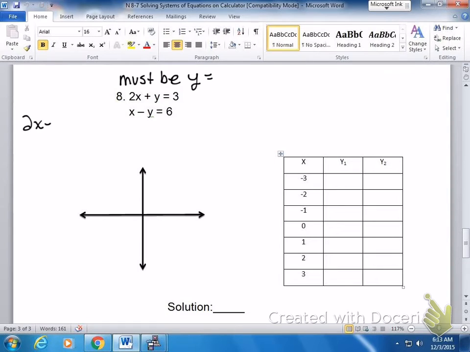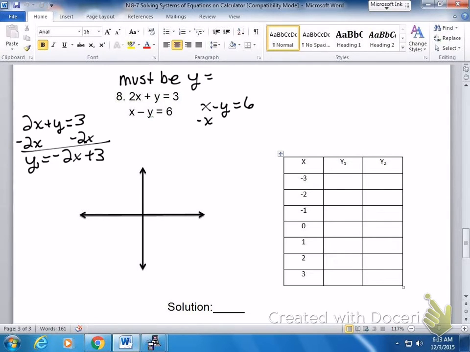I'm going to take my 2 equations and solve them for y. I've got 2x plus y equals 3. Remember, when we're solving for y, I want to move everything away from it. Well, the only thing to move is the 2x, so I'm subtracting it from both sides. I get y equals negative 2x plus 3. I'm going to call that my y1 equation. I'm going to take the other one, x minus y equals 6.